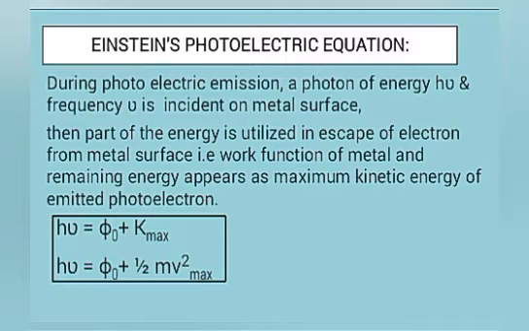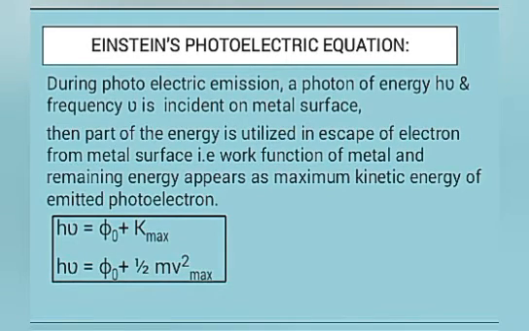Hence, the absorbed energy h nu can be written as the sum of these energies, that is, work function of the metal phi naught plus maximum kinetic energy of the photoelectrons.